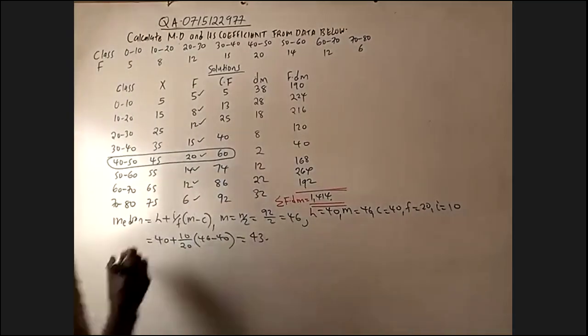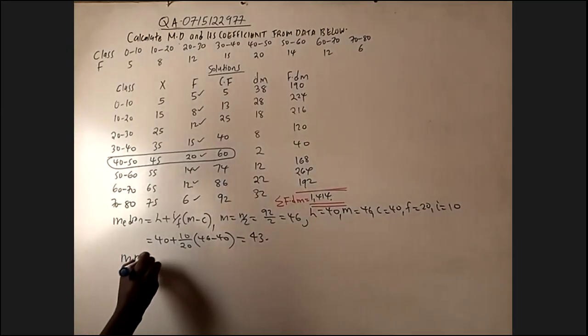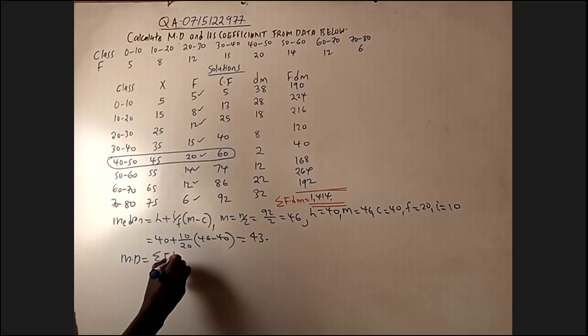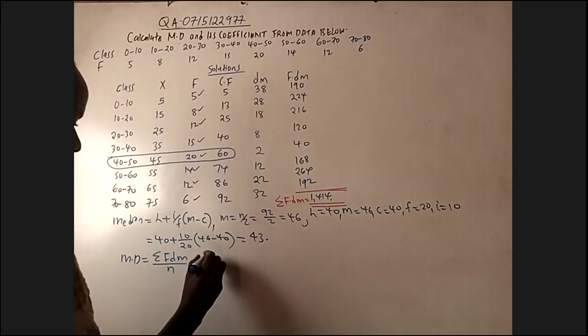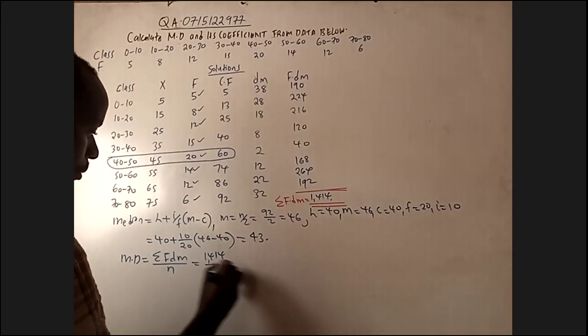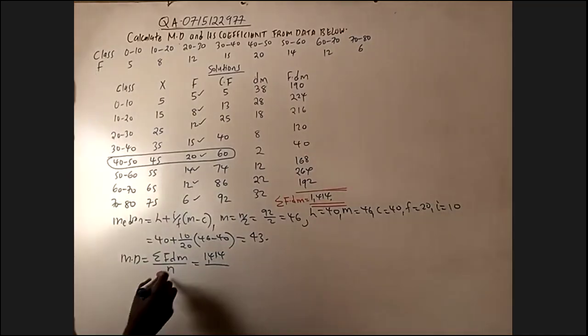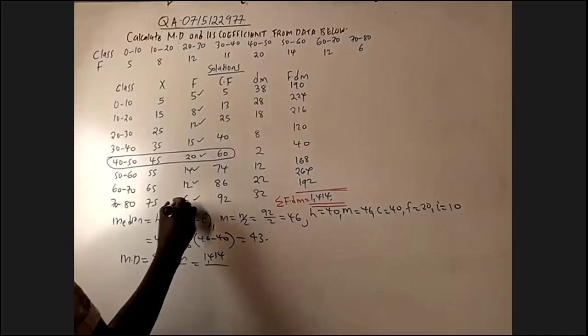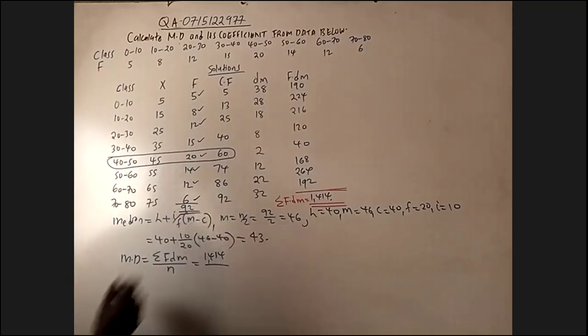Now we can find our MD. This is the summation of F dm over n, which is 1414, where our n will be the total frequency, which is 92.